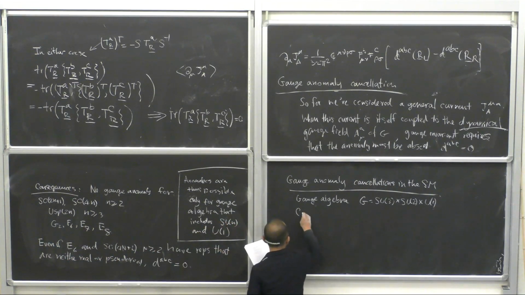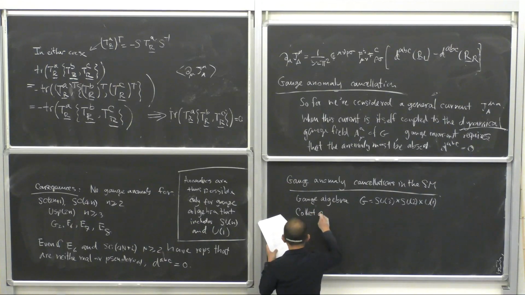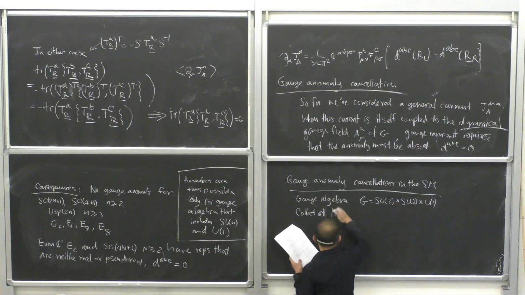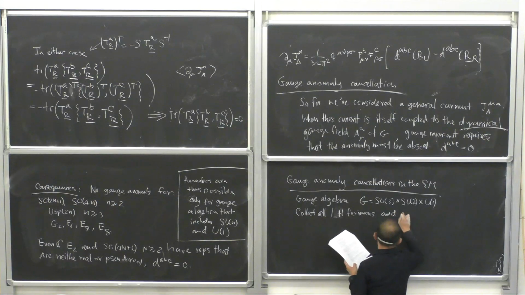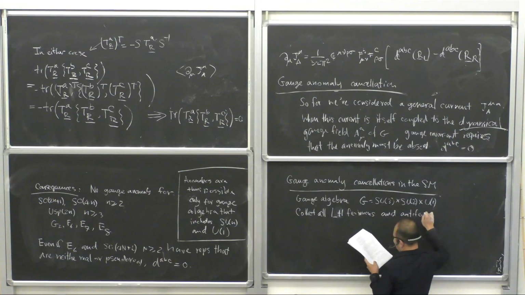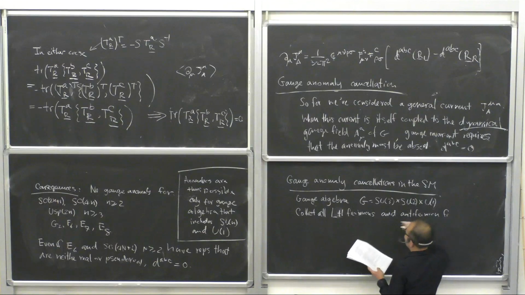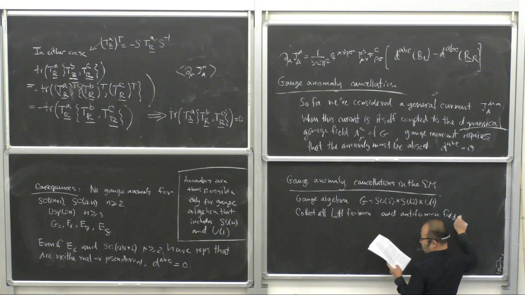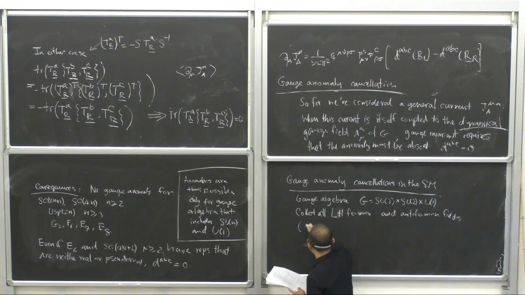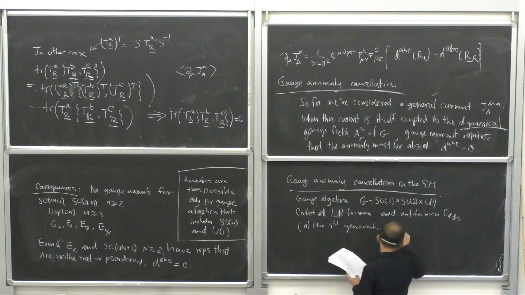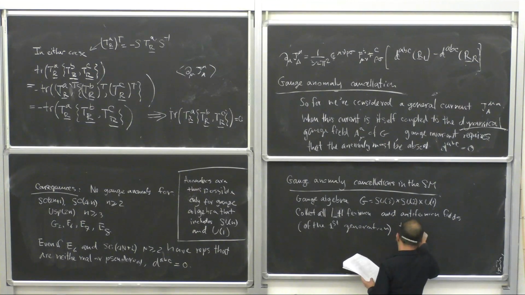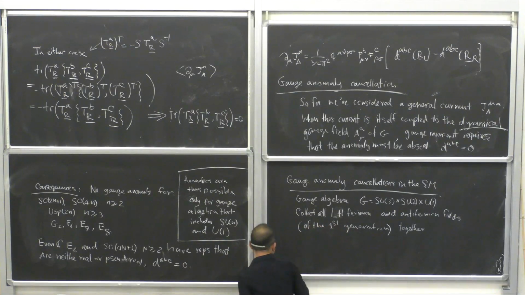I will collect all left-handed fermion and antifermion fields. We will consider only the first generation together. Okay? So let me collect it for you.